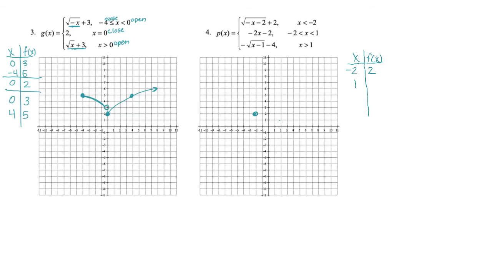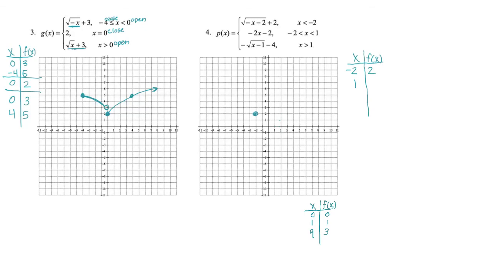No, it's been moved to the left 2 and up 2, so it's going to be that same function there. So that's not going to work. So we might have to go and look at our old t-chart. Oh no. So what was our old t-chart? We had (0, 0), (1, 1), and then we had (9, 3).